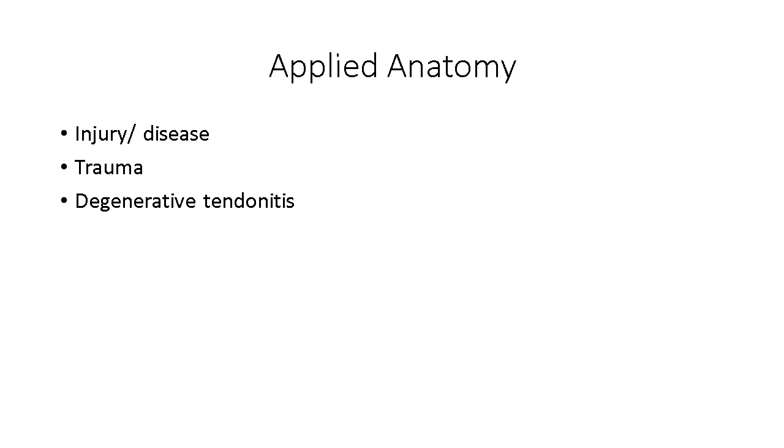Any tendon may get ruptured or injured, and most commonly the supraspinatus tendon is the one injured after trauma. And in older people, you will find degenerative tendinitis that causes pain and difficult movement of the shoulder joint.